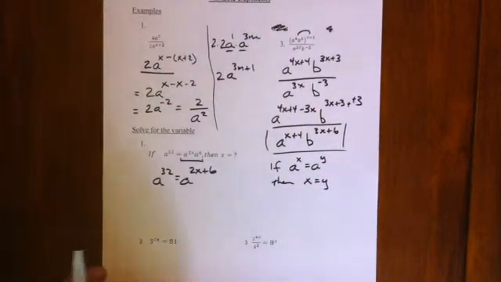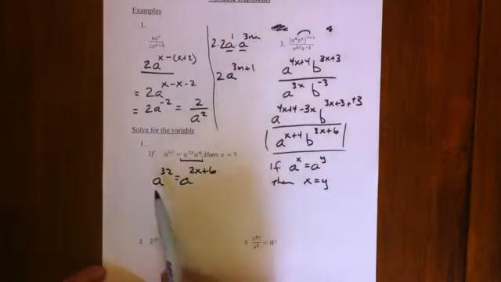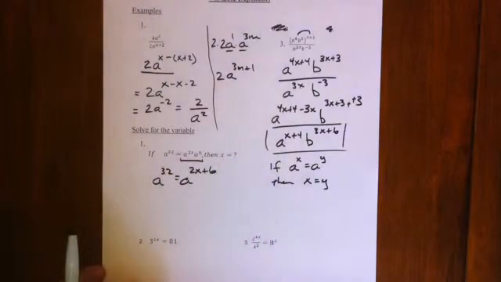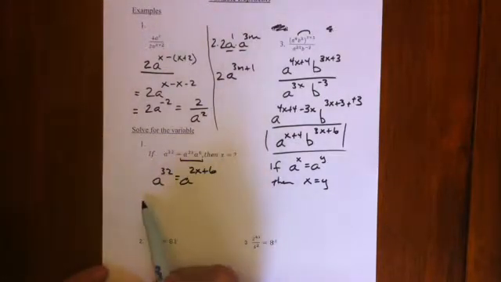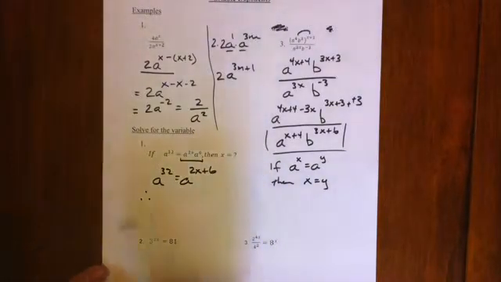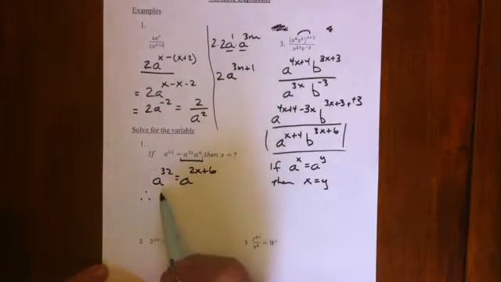So if a to the 32nd equals a to the 2x plus 6, therefore this has to be true. Sometimes people put three dots that look like a triangle, which means therefore. Since that's true, then this has to be true.